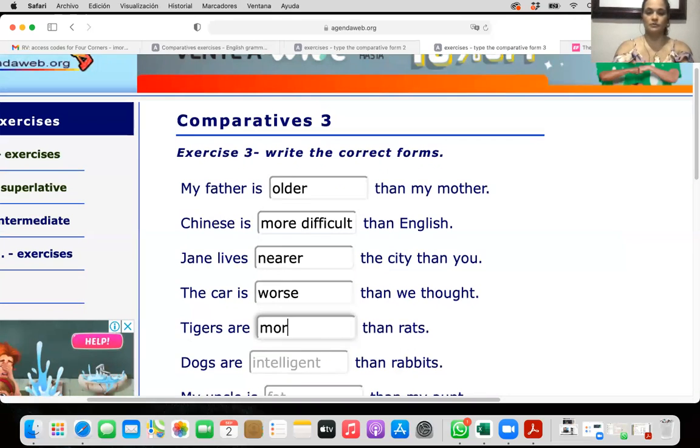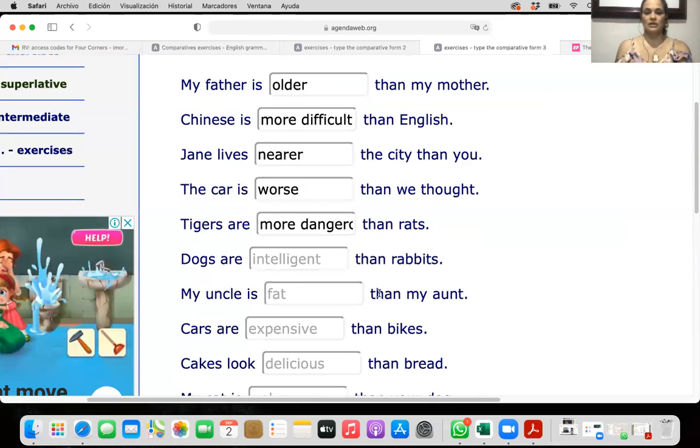Dangerous, 3 syllables, more dangerous. Dogs are intelligent, 4 syllables, more intelligent. Fat has the pattern consonant, vowel, consonant, fatter. Expensive, 3 syllables, more expensive.